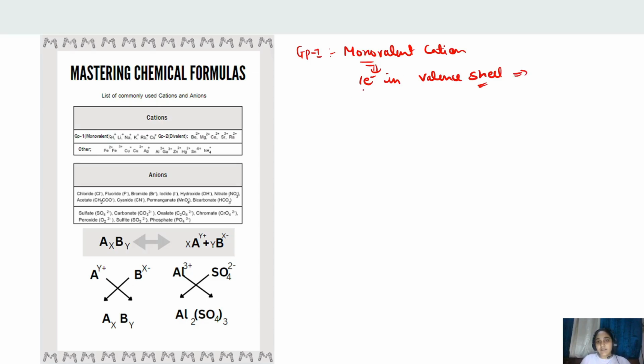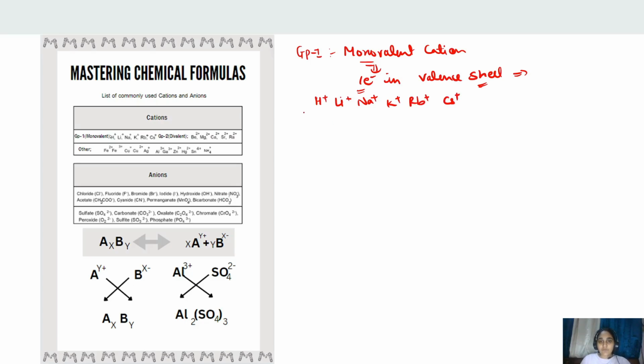That's why cations are formed for the group 1 elements like hydrogen, lithium, sodium, potassium, rubidium, cesium. All these are the monovalent group 1 cations.